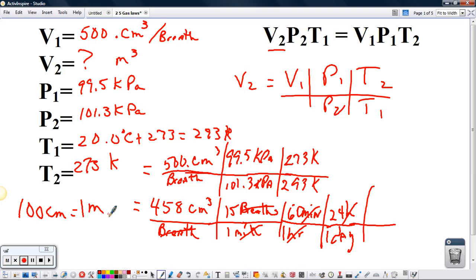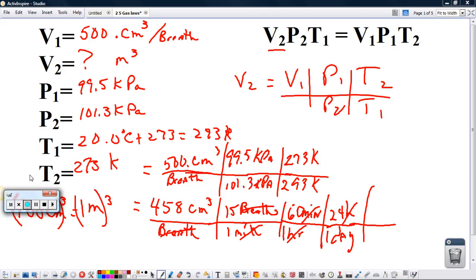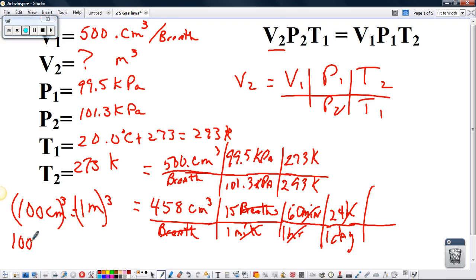That is on the cheat board. And if I cube the 100 centimeters and the 1, then I'm going to get an equality. I've got to say 100 cubed centimeters cubed is equal to 1 cubed meters cubed.